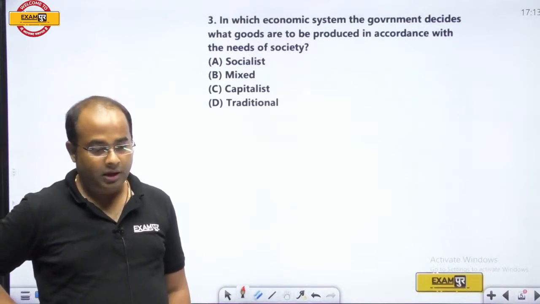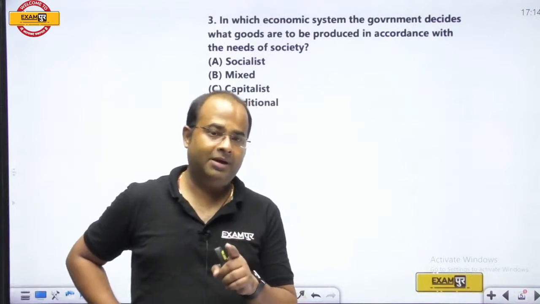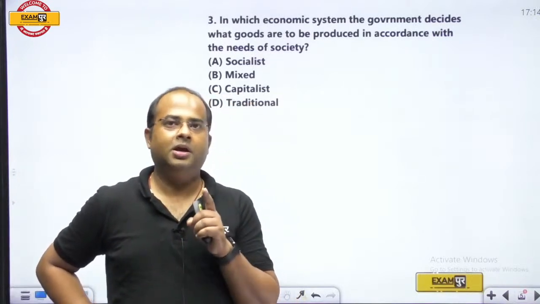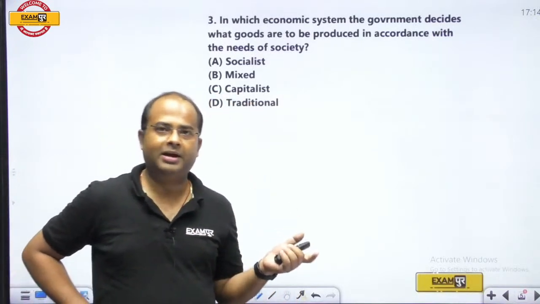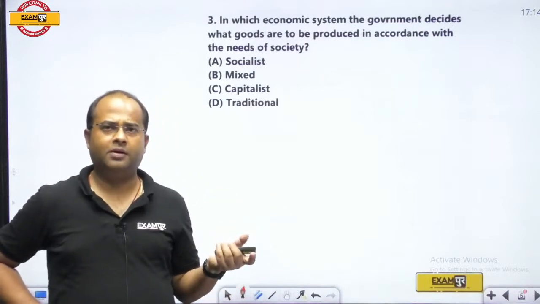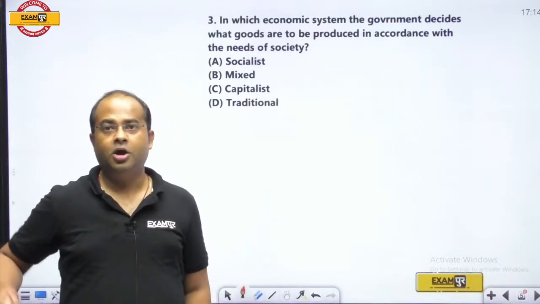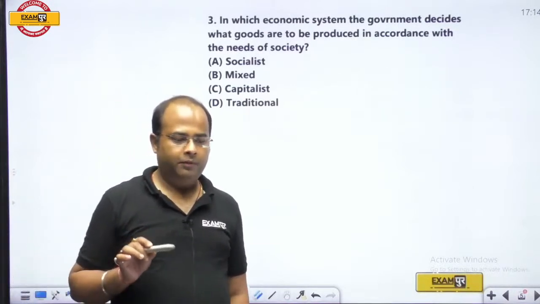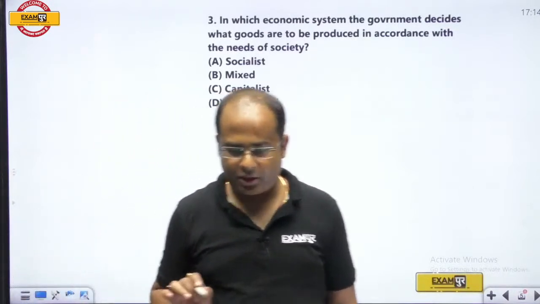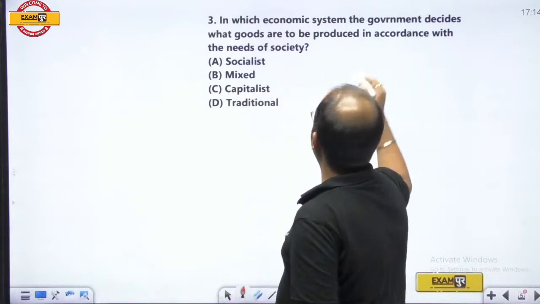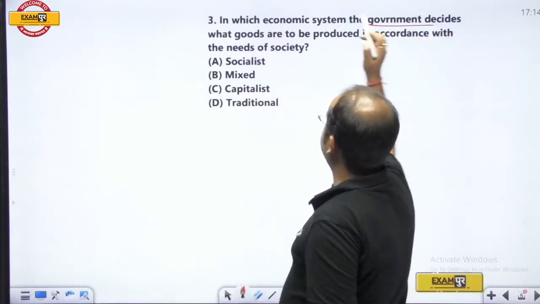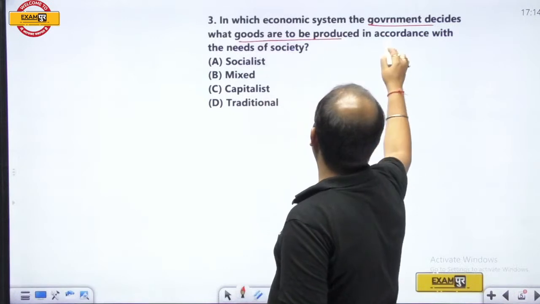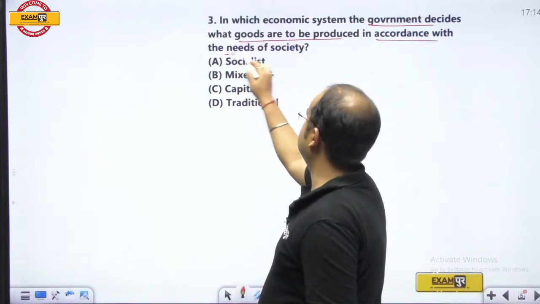Okay, government decides. I am time and again saying government decides. Generally, sometimes the private sector decides, that is the companies or firms decide, or sometimes the government decides. So which organization decides? Before answering anything, please read the question carefully. The government decides what goods are to be produced according to the need of the society.